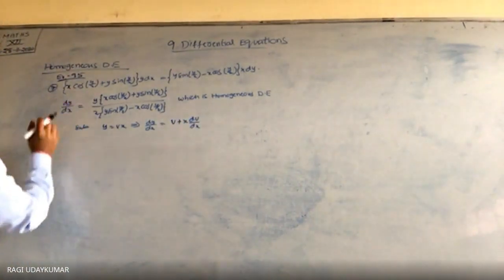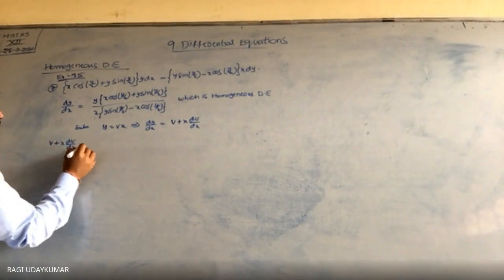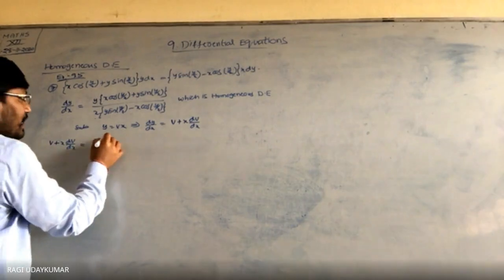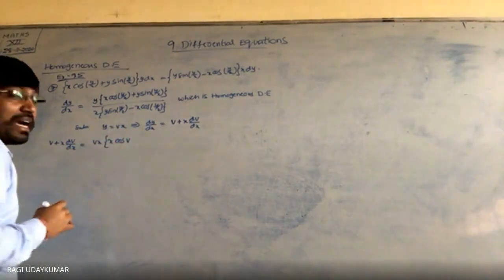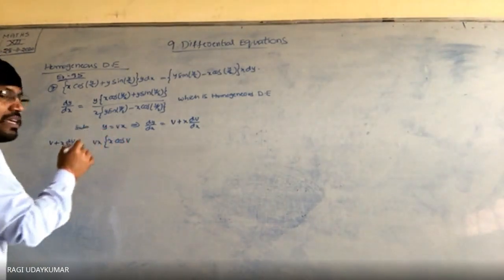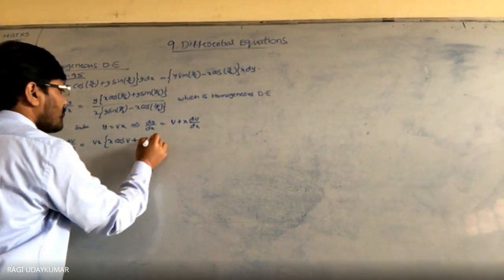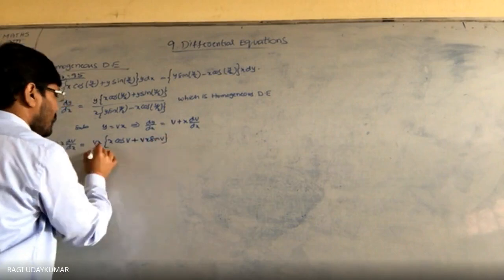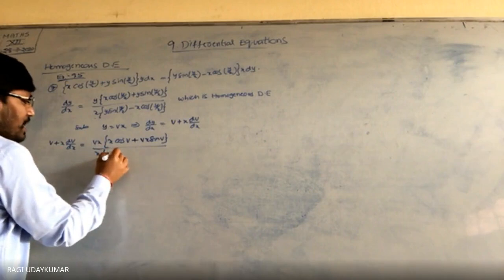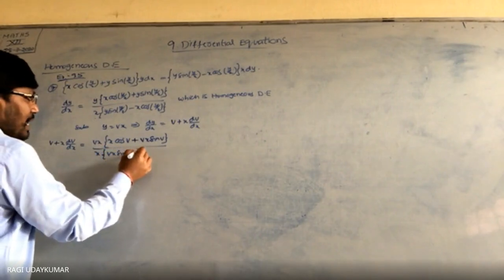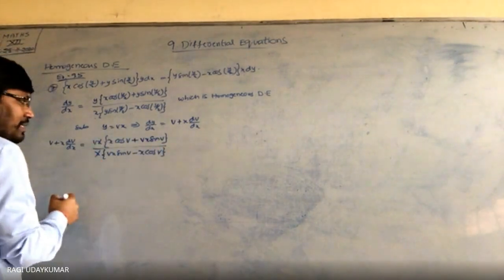So therefore here you are going to get v plus x dv by dx is equal to: y can be replaced as vx, x as it is, cos y by x is nothing but cos v, and y is vx, sin v, divided by x, minus x as it is cos v. So now here x will get cancelled.